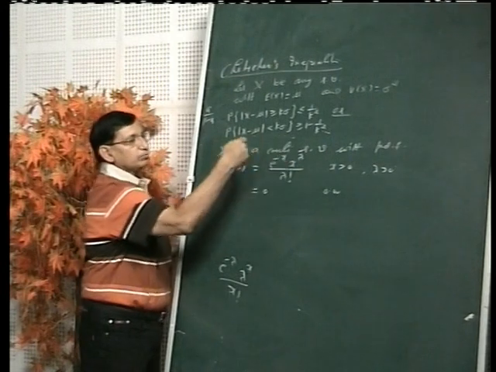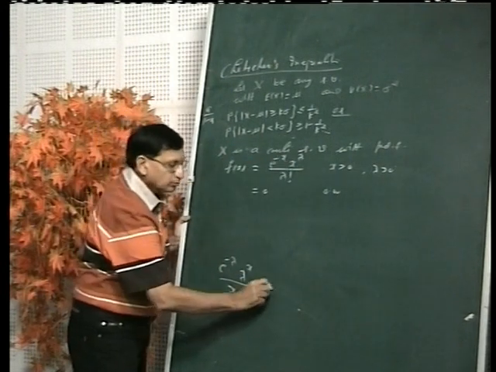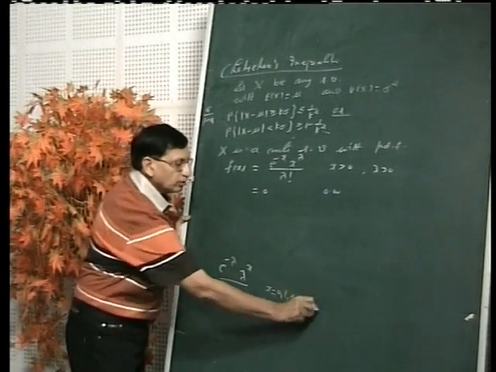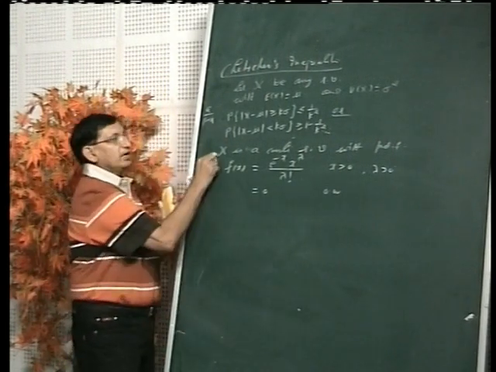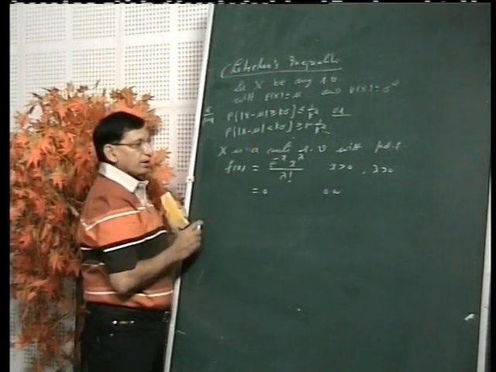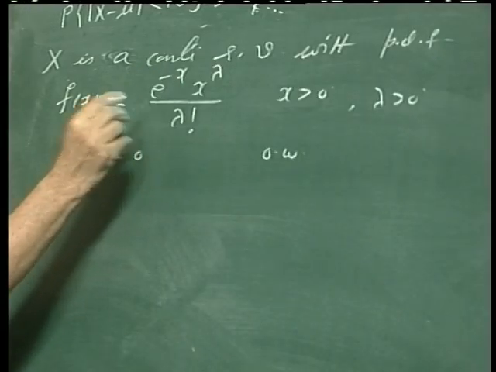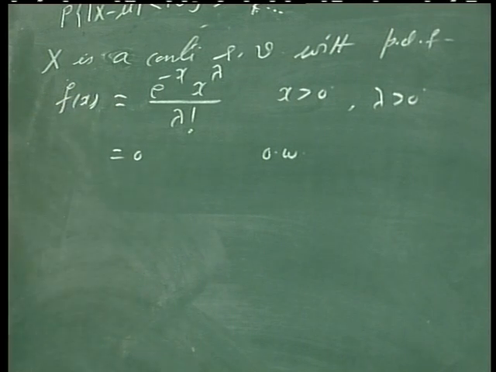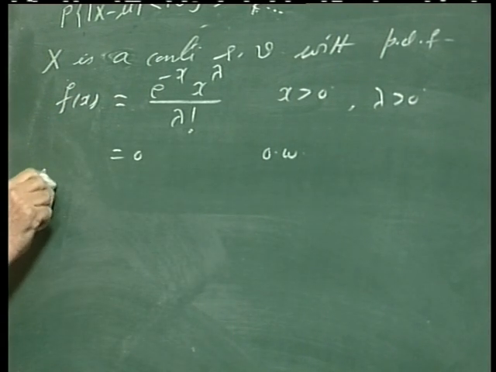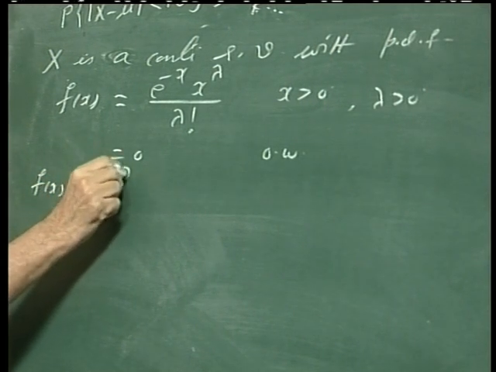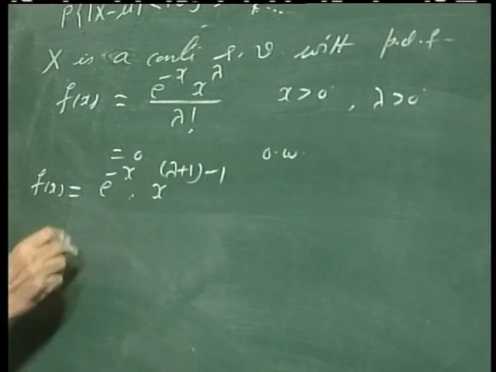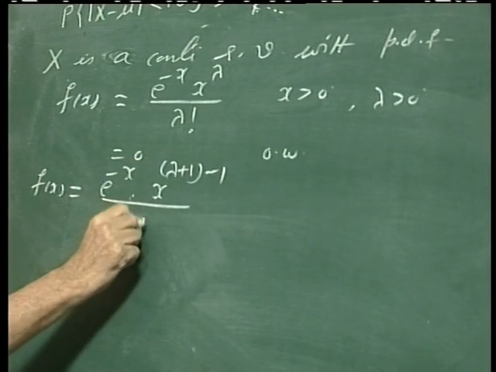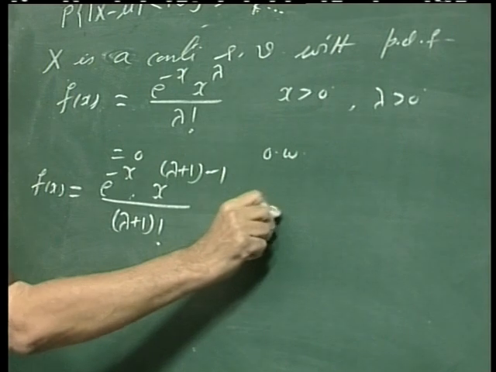X can take value from 0 to infinity. Here in Poisson distribution it takes value 0, 1, 2 and so on. So that is the main difference. Here we are given x is a continuous random variable and its PDF. So actually lambda factorial means gamma lambda plus 1. So I can write this as e raised to minus x, x raised to lambda plus 1 minus 1 upon lambda plus 1 factorial, x is greater than 0.